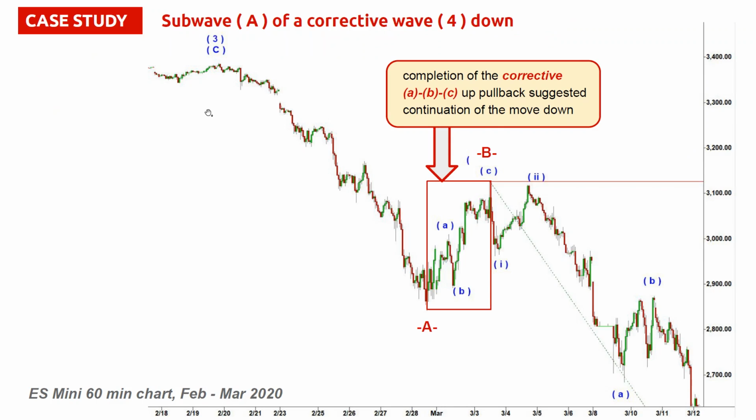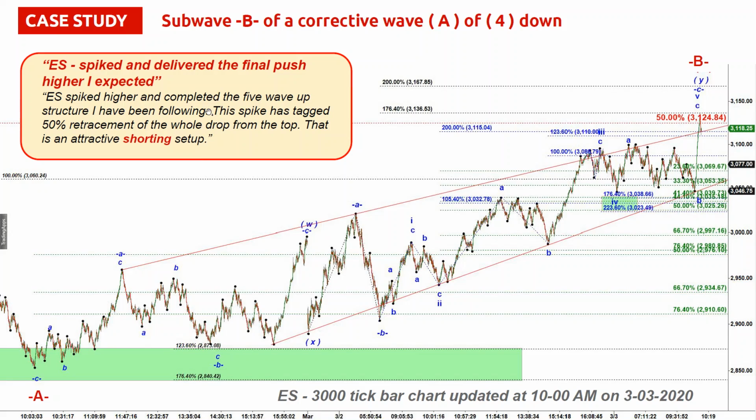And harmonic Elliott wave theory is great because it lets us focus on the very final microstructure of that push higher, and the completion of that small structure, which has a clean impulsive structure, would let us call the whole corrective structure complete and be prepared for another push lower in another impulsive wave down.